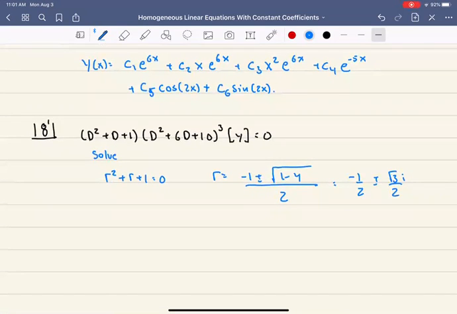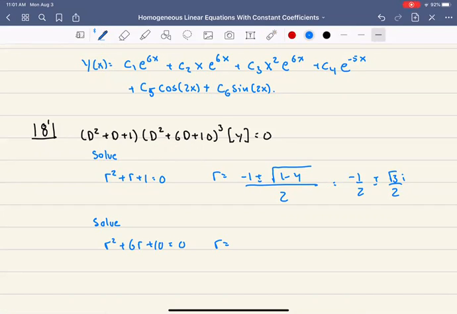We're also going to need to solve r squared plus 6r plus 10 equals 0. So that's from this one, of course, right?